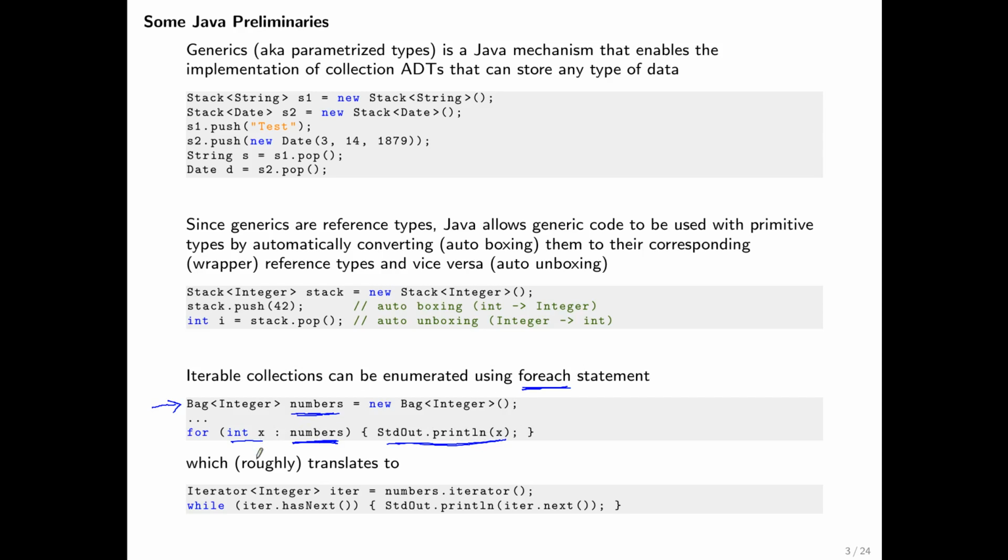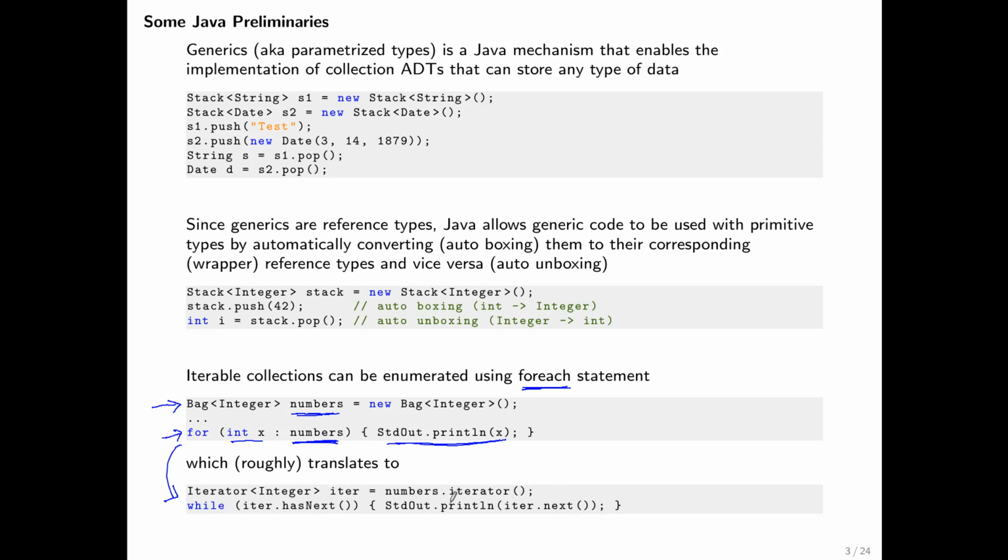Okay, and then we also know that this code implicitly translates into this while loop. All right, so it is as if we first get an iterator out of numbers, which is assigned to this variable iter, and then we have this while loop that says as long as this iterator has a next item, get that item and print it out.